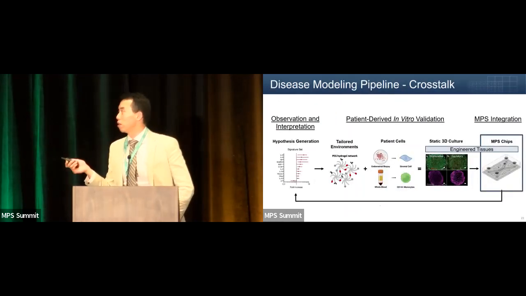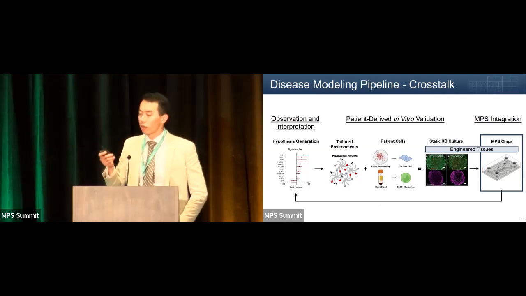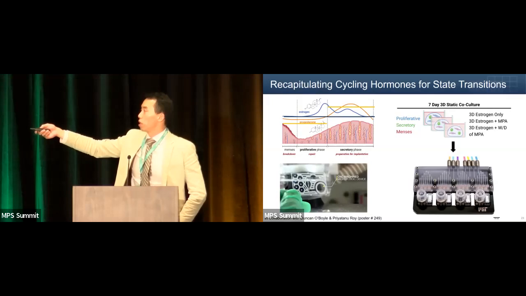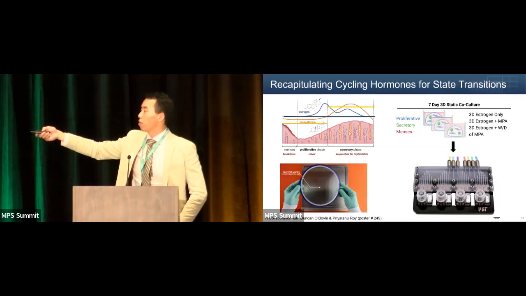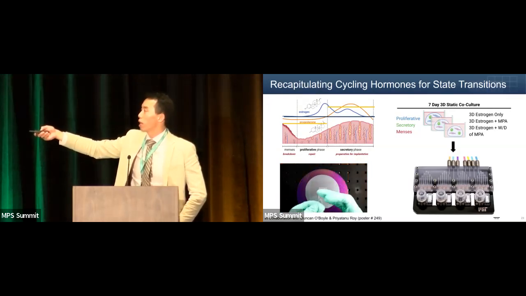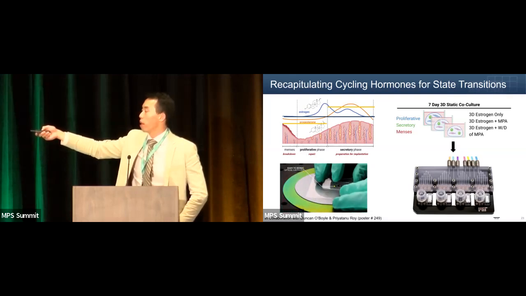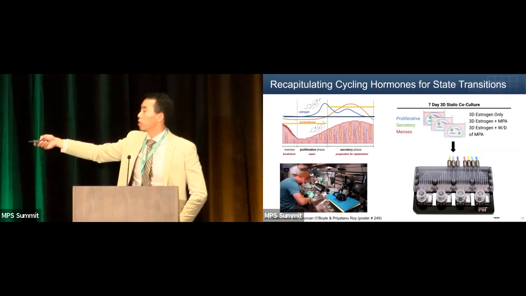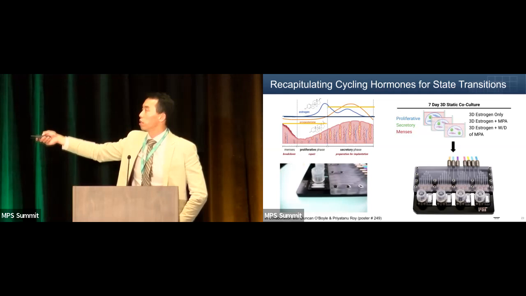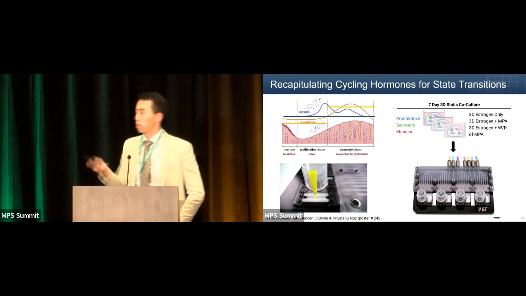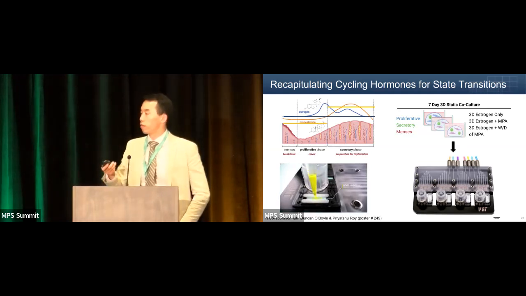But now a little bit more about how we're trying to integrate this into MPS systems. In order to recapitulate these cycling hormones, in our model, we actually just had a static addition of estrogen and MPA. However, we really want to move into systems in which we can recapitulate not only the cycling hormones, but control oxygen levels and different additives.